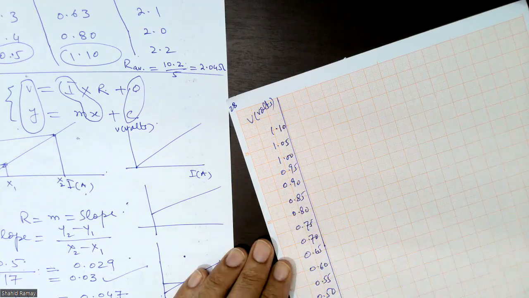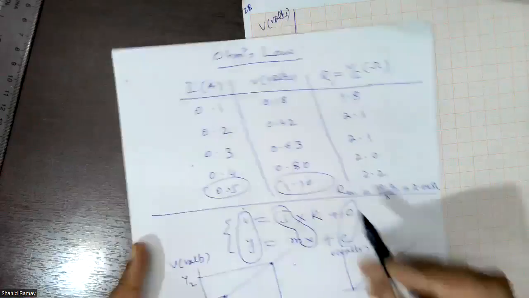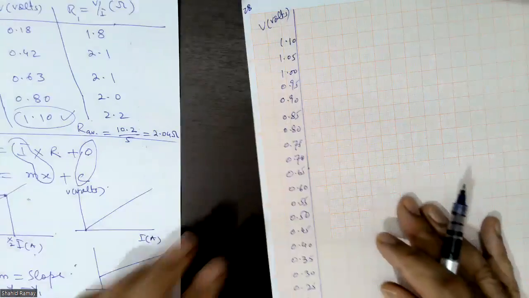So this is our last point in the data. If you see this one, this is the last point.